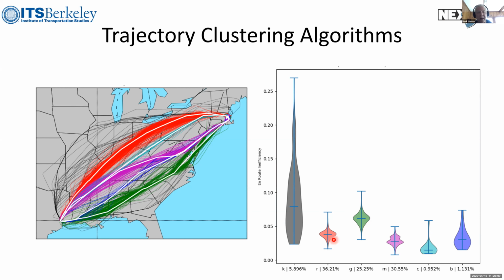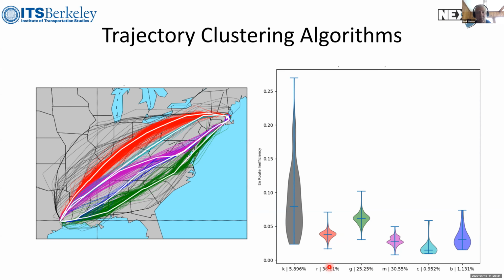By inefficiency, we basically mean with respect to a great circle route. So, for example, in this particular case, the red cluster, the median inefficiency is about 4%.